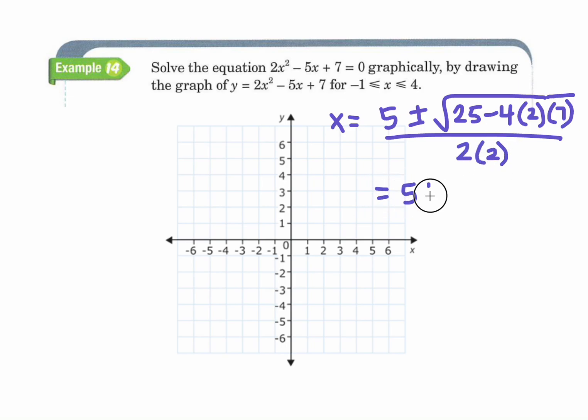So I get 5 plus or minus the square root of 25 still, minus 8 times 7, 56, all over 4.